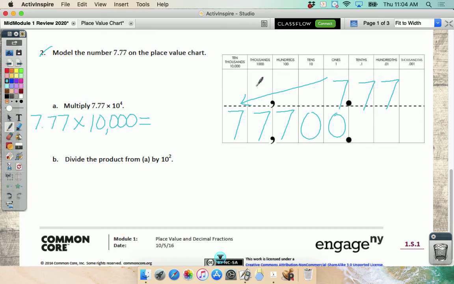Times 10,000 or times 10 to the 4th power. On the test, do we have to do that? Yes. But it doesn't say so here. I think when I revised the test, I took something out that I didn't mean to. But you need to show multiply on the place value chart. Can you handle that?